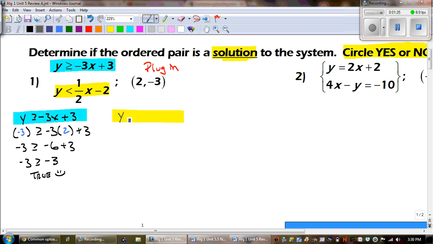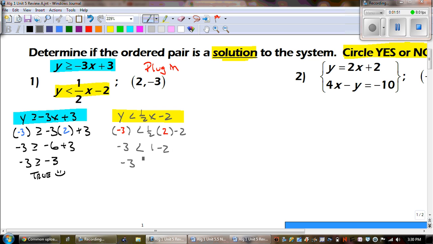Okay, so we have y is less than 1/2 x minus 2. So let's go ahead and plug everything in again. Please double check that you're using the right points. We just have negative 3 on the left, less than half of 2 is 1.